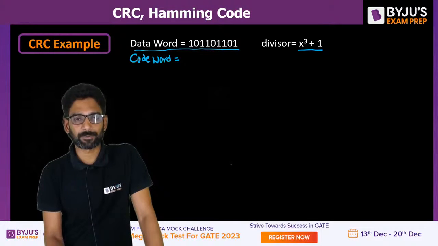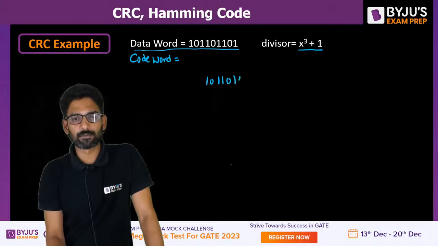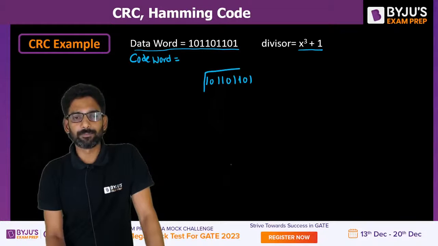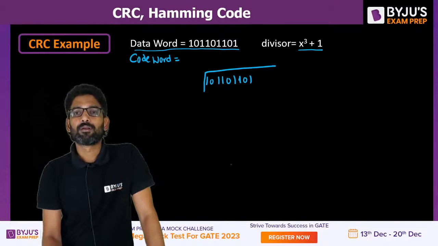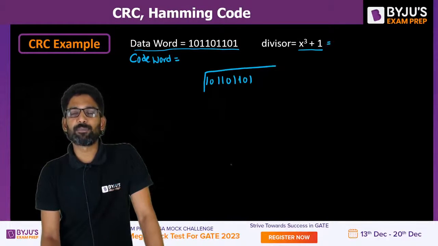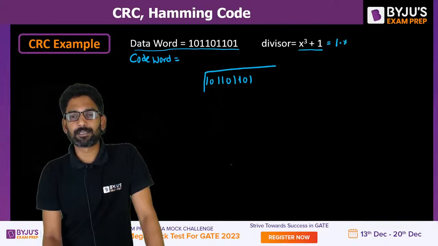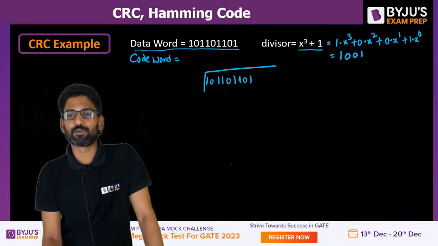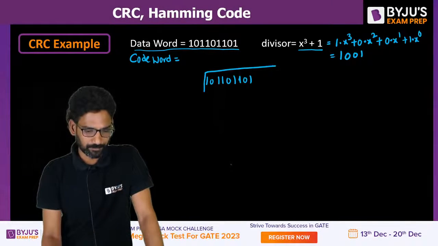Let us find out. 1011011101 is the given data word. The divisor is given in polynomial form. Convert this into binary: 1 into x cube plus 0 into x square plus 0 into x power 1 plus 1 into x power 0. This will give you 1001 as the divisor. Right?